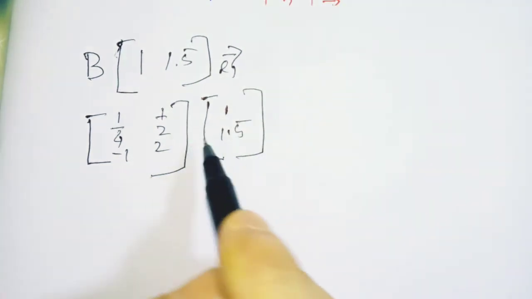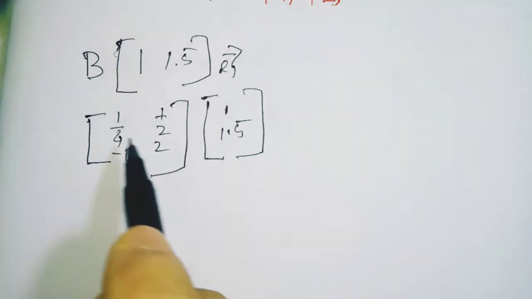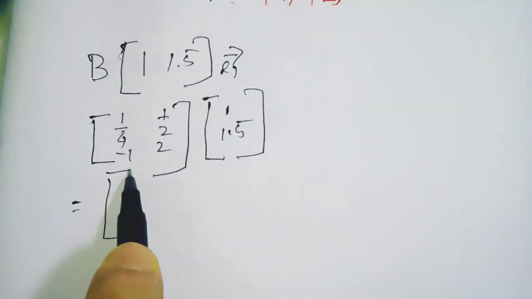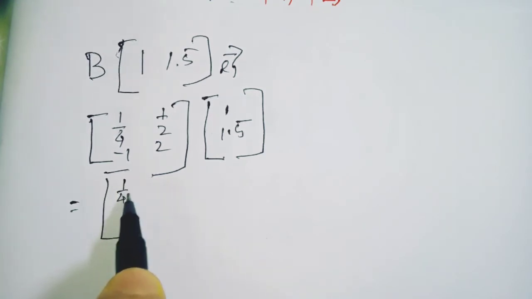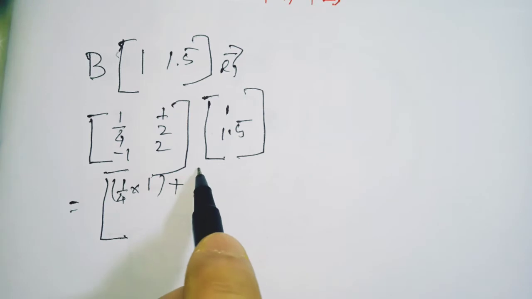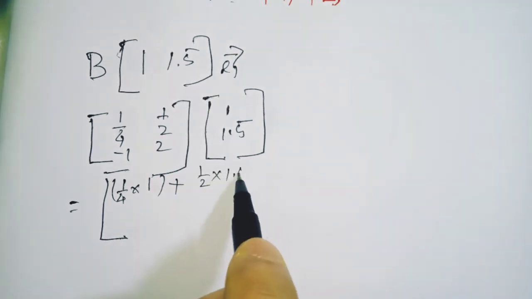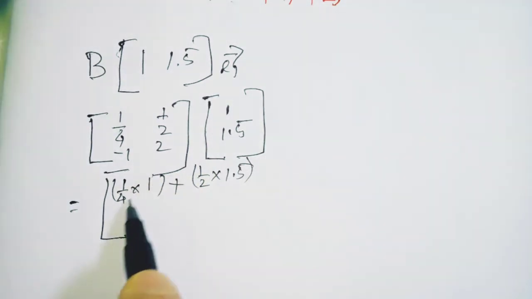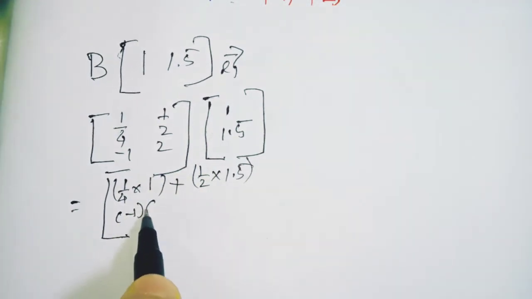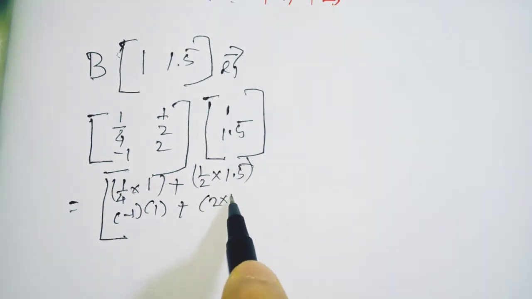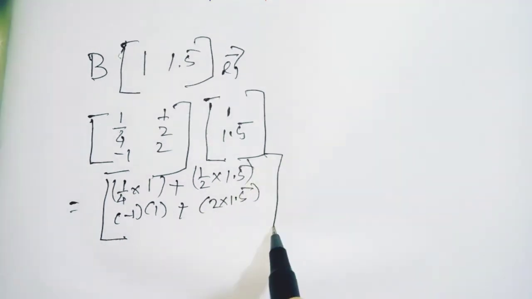What I'm doing is just multiplying these two factors. So what will we get? It's quite simple. We put 1/4 multiplied by 1, plus 1/2 multiplied by 1.5. Clear? Then we have -1 multiplied by 1 plus 2 multiplied by 1.5. I think it is quite clear.